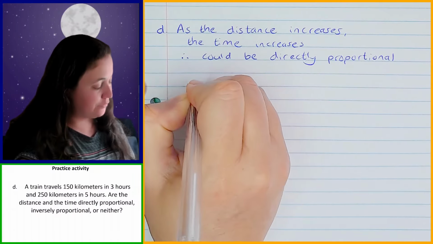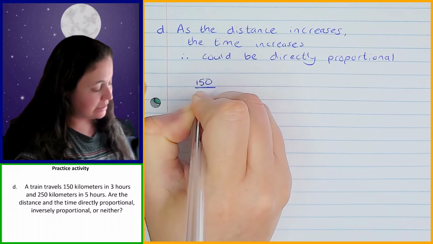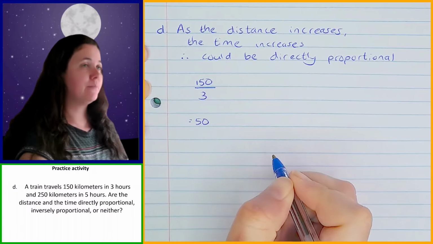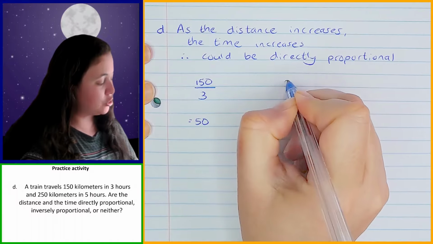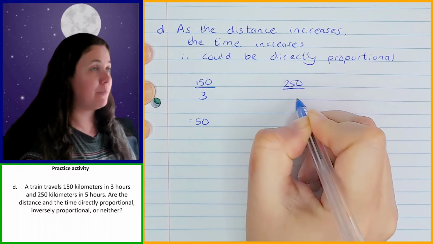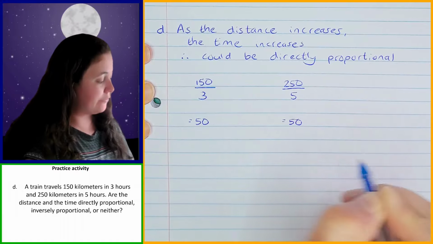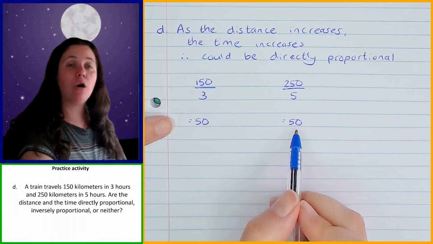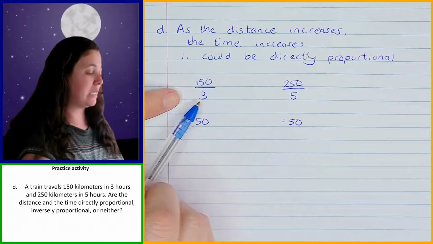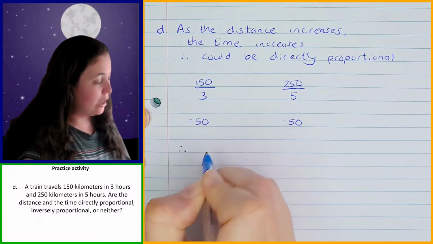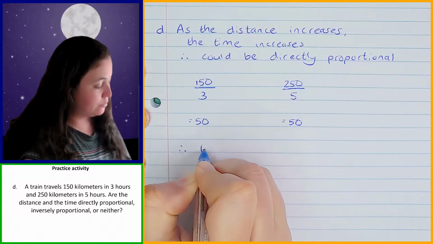So it's going to be 150 divided by 3, and that gives me 50. And then the second set is 250 divided by the time, which is 5, which also gives me 50. So because I got the same answer when I divided the distance by the time for both sets, I can now say, therefore, they are directly proportional.